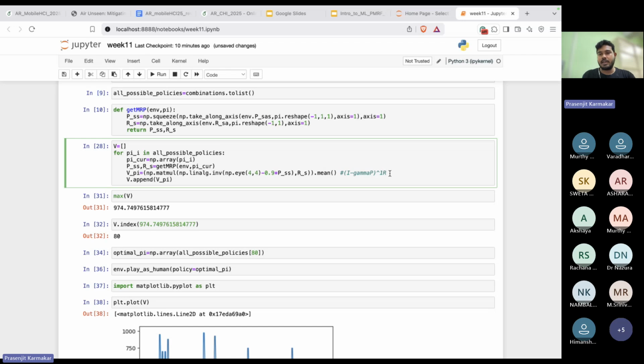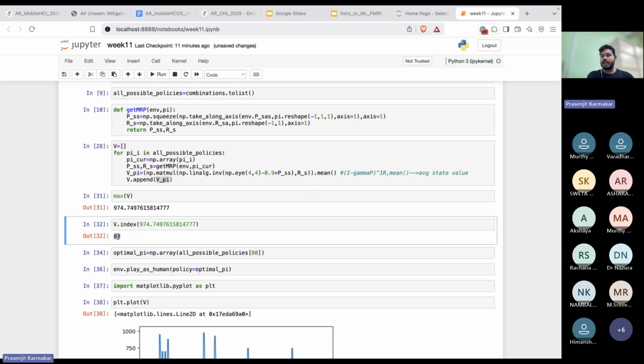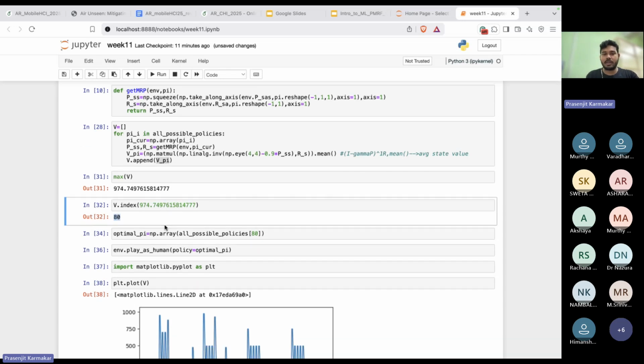Whichever policy has the maximum average value, I take. You append that scalar value and then order them: the 80th policy has the maximum value of 974.74 per state, so I will take that policy.